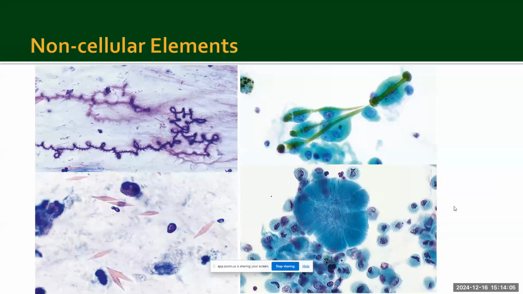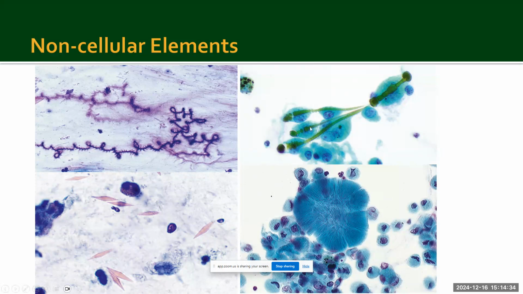We also see a lot of non-cellular elements in the respiratory cytology samples. In the first image on the top left are the Curschmann spirals, which are associated with eosinophilia or allergic conditions. And at the bottom of the same image, you can see the Charcot-Leyden crystals, again seen in association with eosinophilia or allergic condition.